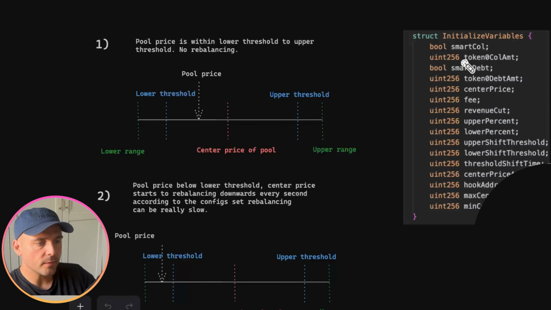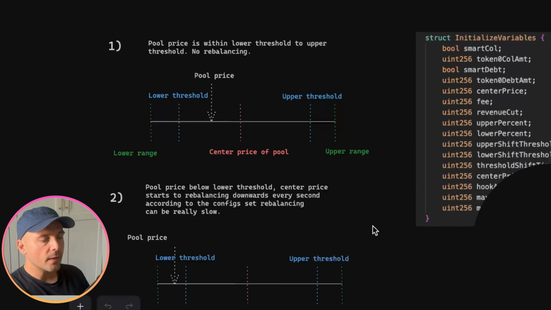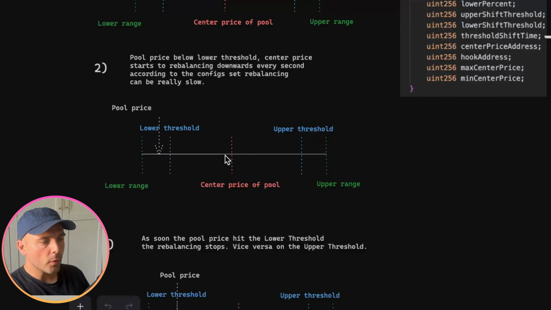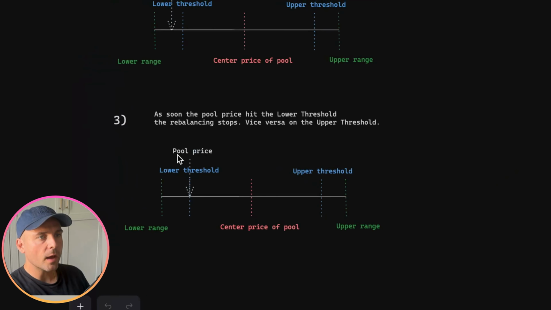Every DEX instance, for example USDC-USDT, has its own configuration, which is stored in this struct of initialize variables. A center price is configured as well as an upper and lower bound for the range. The range then dynamically evolves: whenever the pool price moves beyond one of the thresholds, in this case the lowest threshold indicated by this arrow, rebalancing happens until the pool price has moved within the threshold range again.